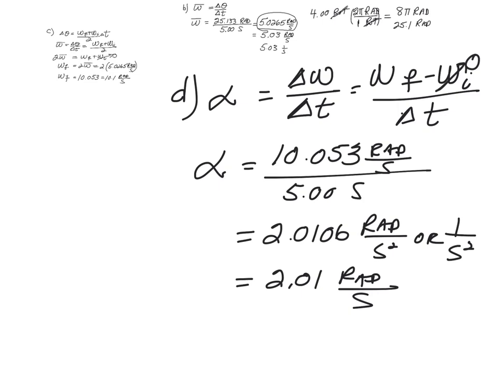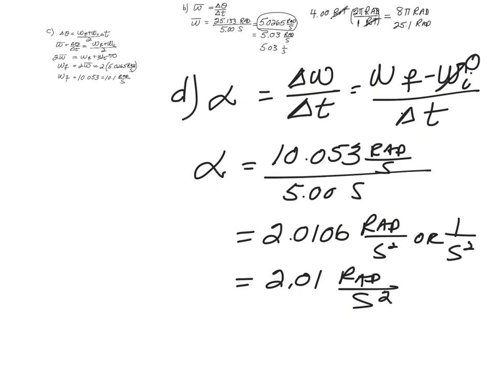Remember, the time is the time from omega final to omega initial. So that's the total time. And it gives us this for an answer, radians per second, or 1 over second squared, or rounded 2.01, whoops, I made a mistake, radians per second squared.